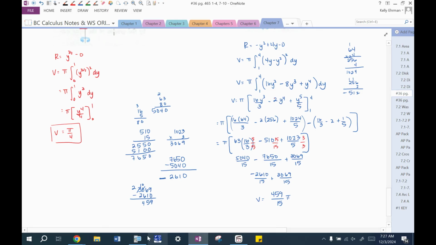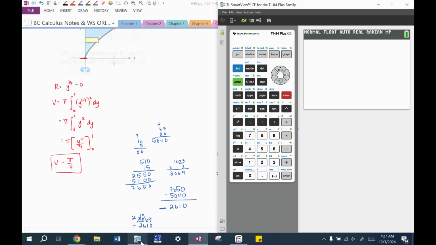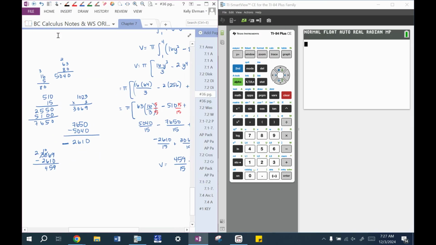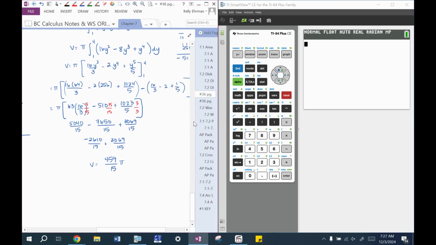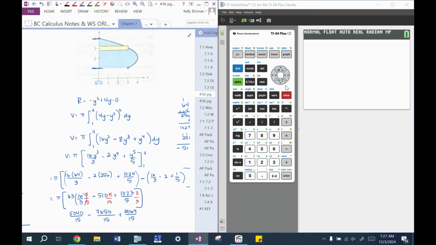How about I check this on my calculator? Look how much easier life is if you just get to use a calculator. So if I am allowed to use a calculator, I go all the way back here and I say pi times the integral from 1 to 4 of 4x minus x squared dx.